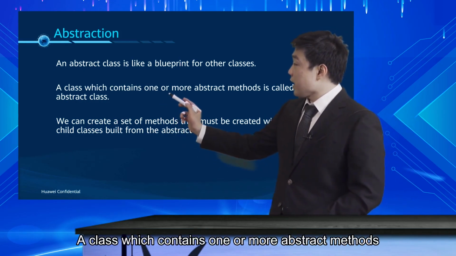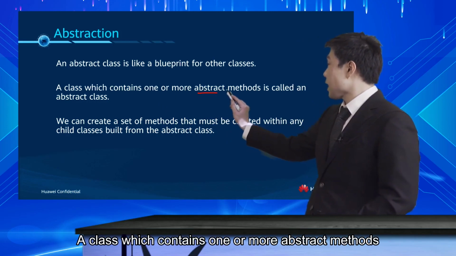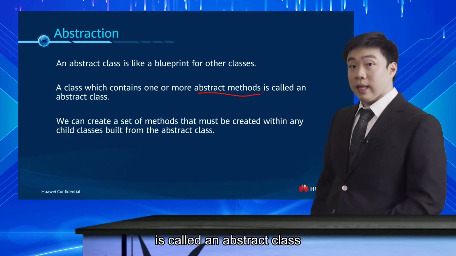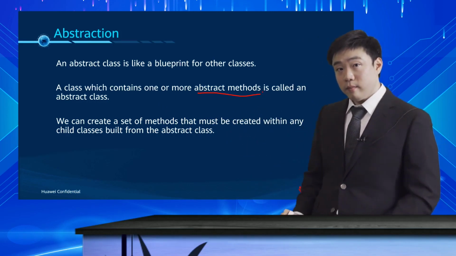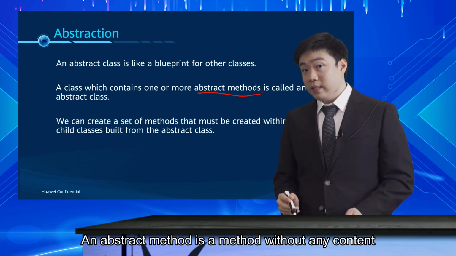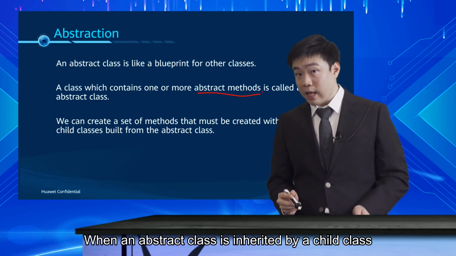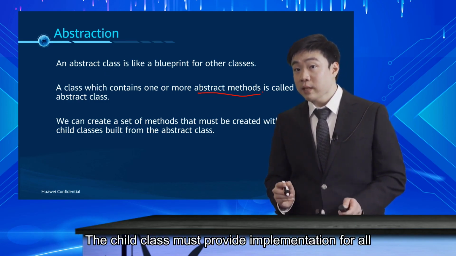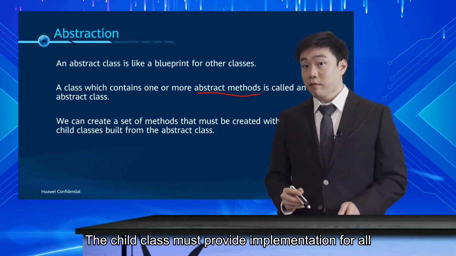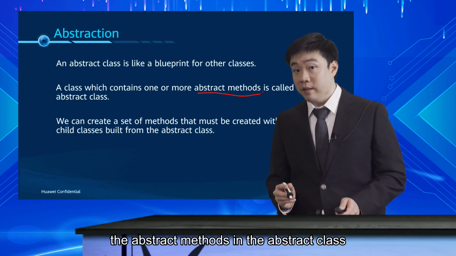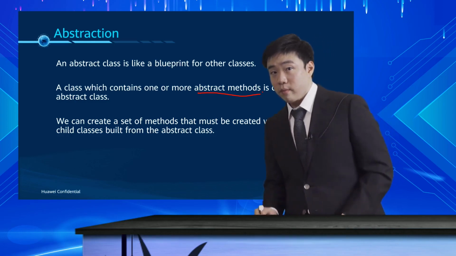A class which contains one or more abstract methods is called an abstract class. An abstract method is a method without any content. When an abstract class is inherited by a child class, the child class must provide implementation for all the abstract methods in the abstract class.